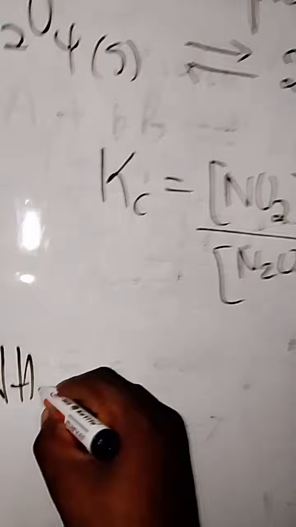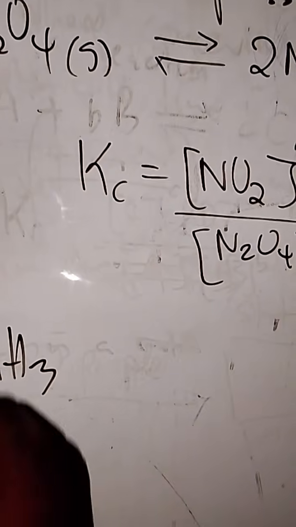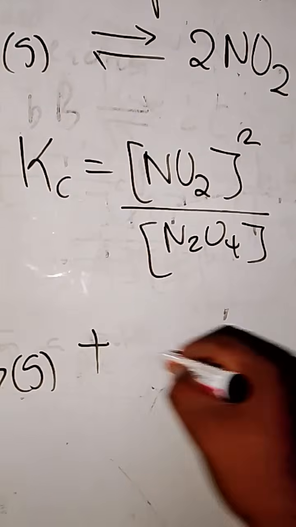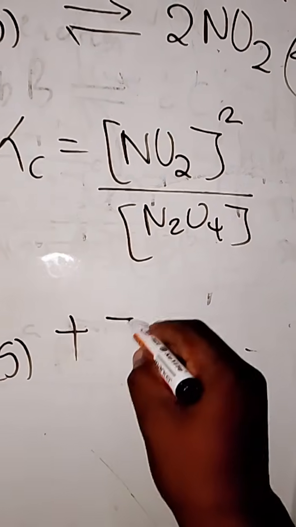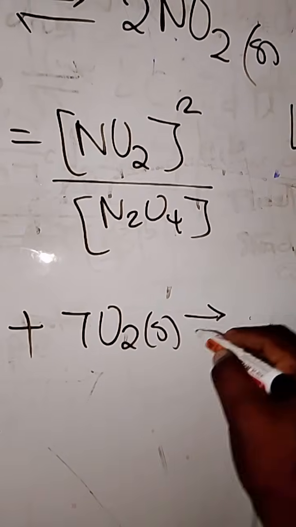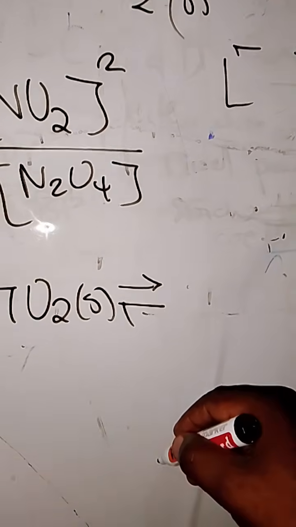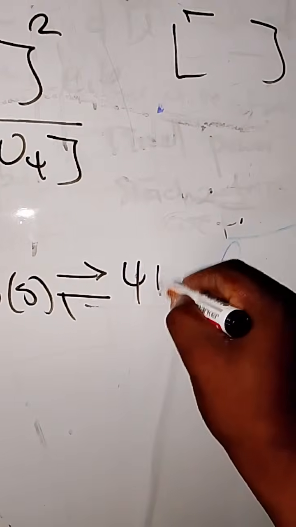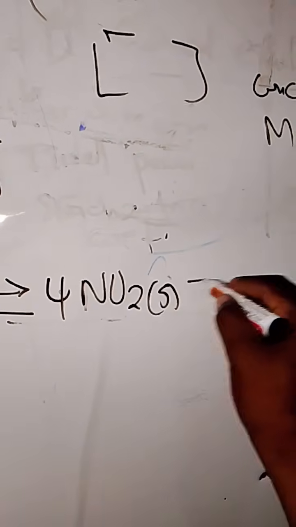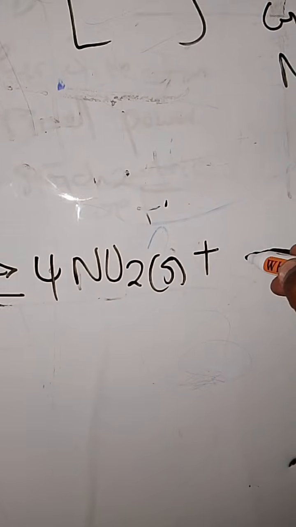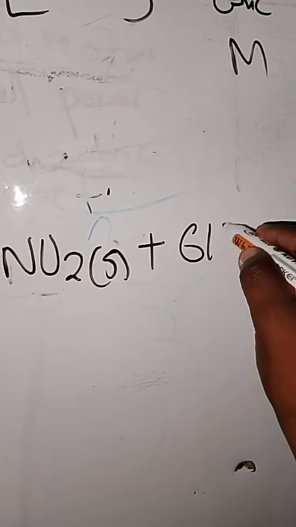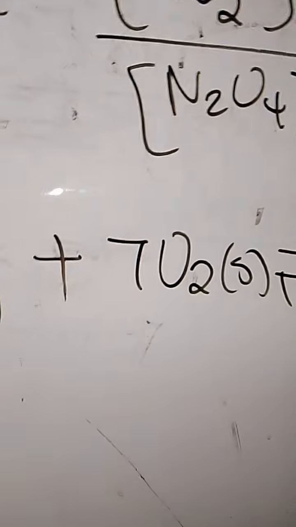Okay, so we can have another example. Let's say ammonia gas, NH3, plus 7O2, giving us 4NO2 plus 6 water vapor. So we can write the Kc expression for this one.